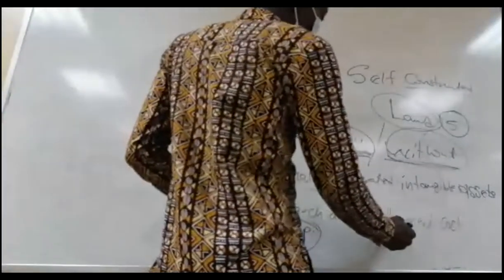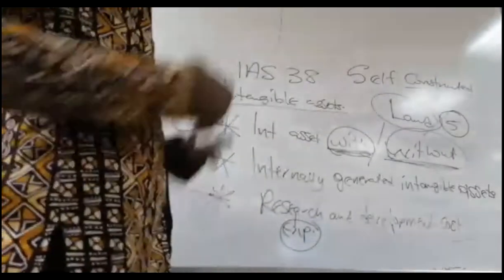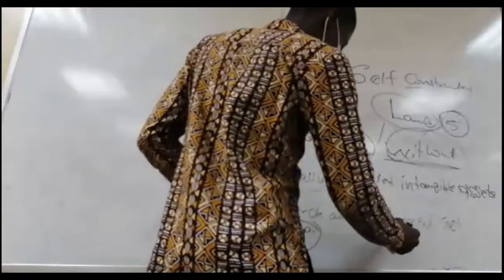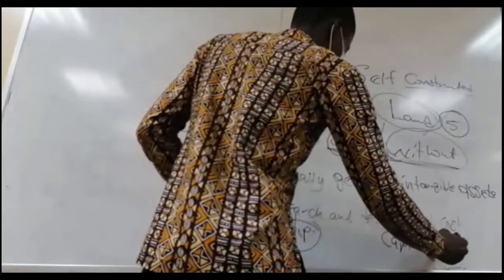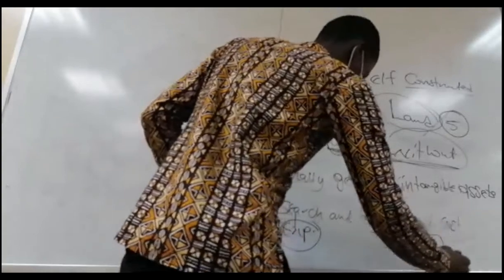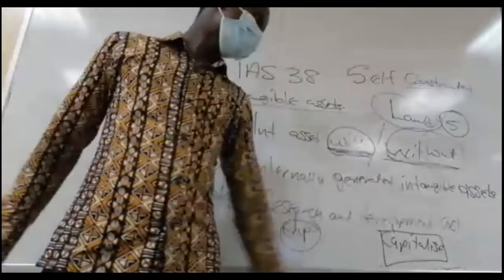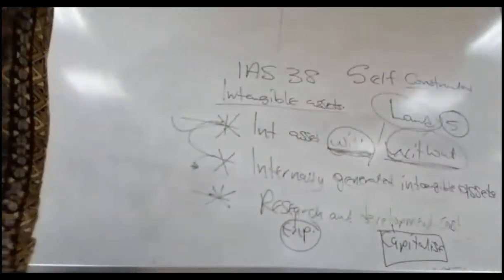Now, development costs that are eligible, that is, that meet the recognition criteria, must be treated as assets, that is, capitalized. So two different things altogether: expenses and assets.